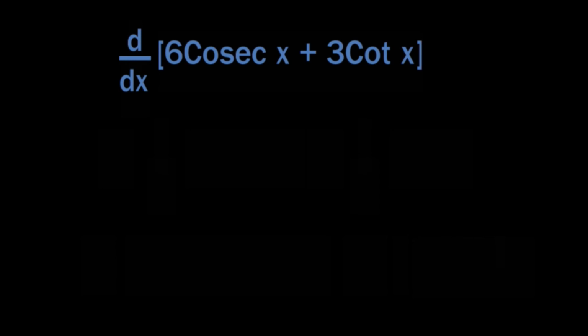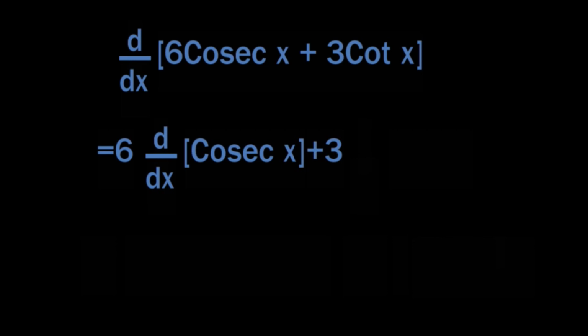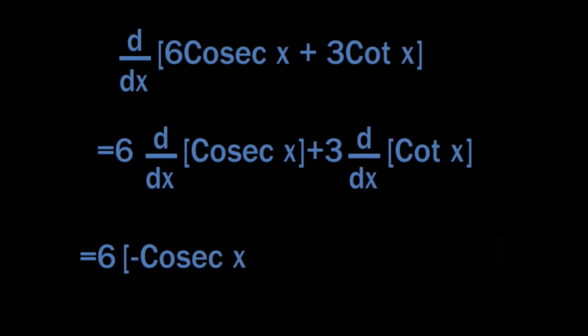When we differentiate cosecant x, we get negative cosecant x multiplied with cotangent x, plus the differentiation of cotangent x.